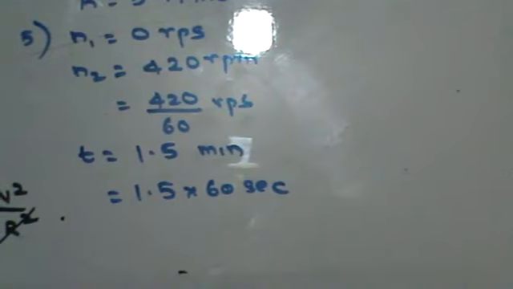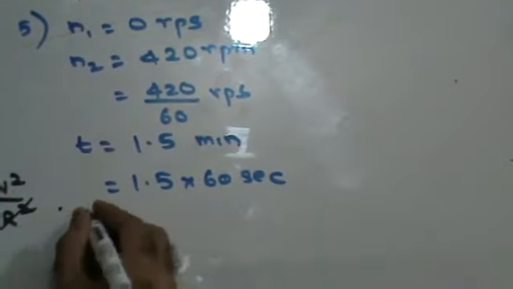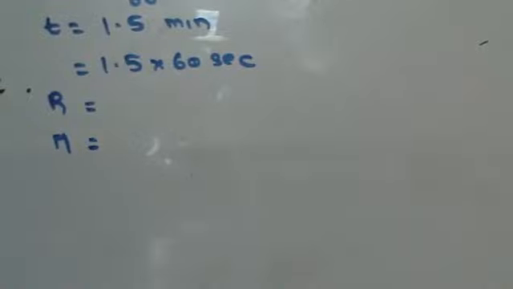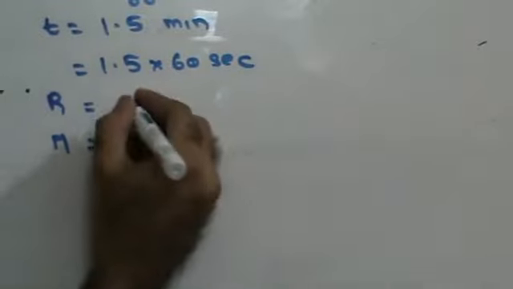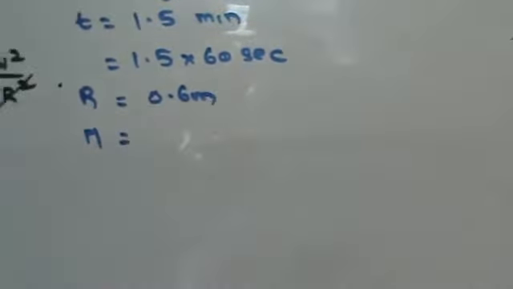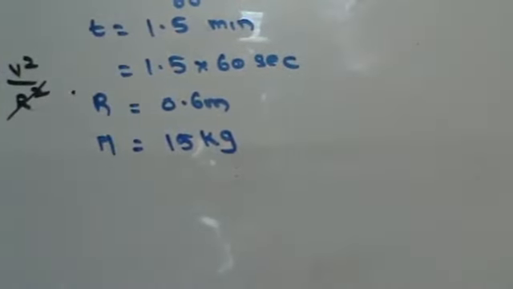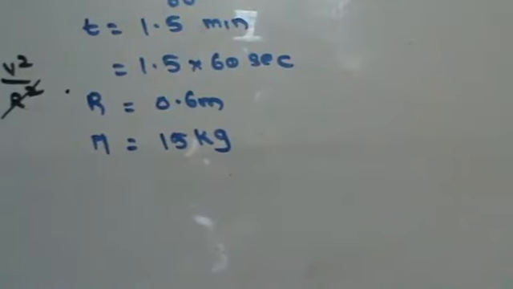If the radius and the mass of the disk are 0.6 meters and 15 kgs, find the torque.